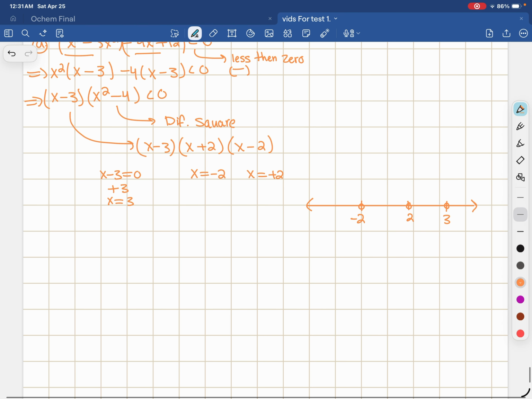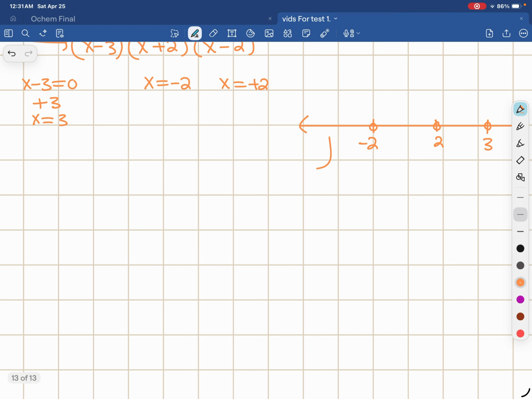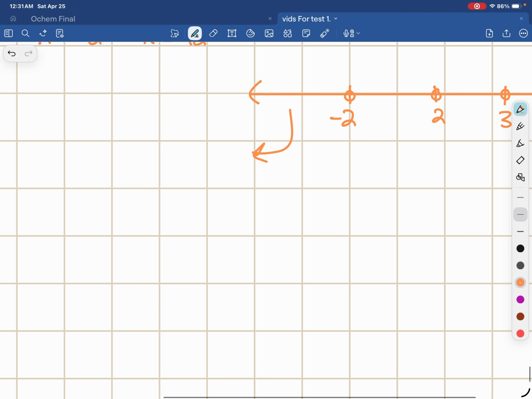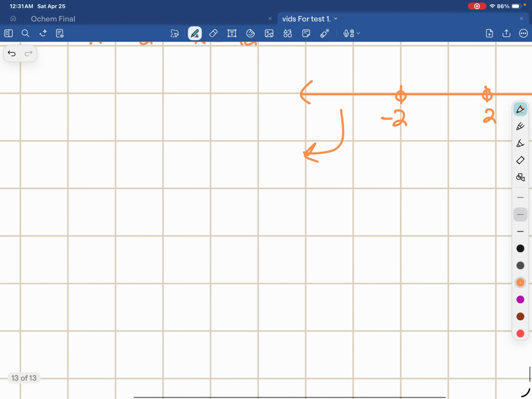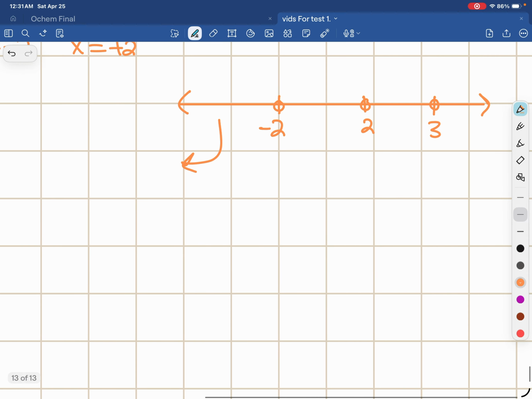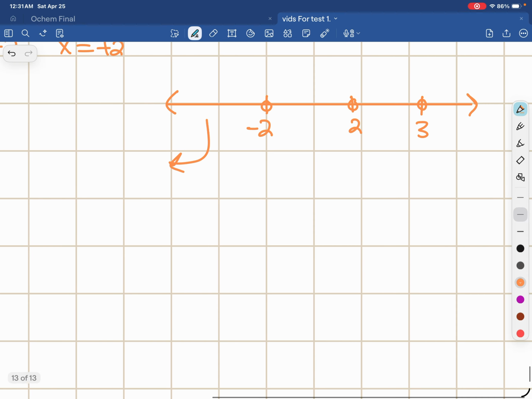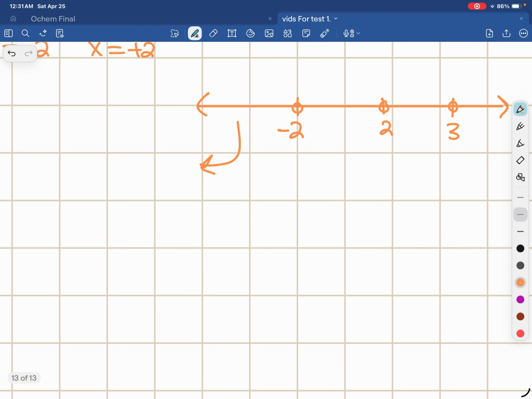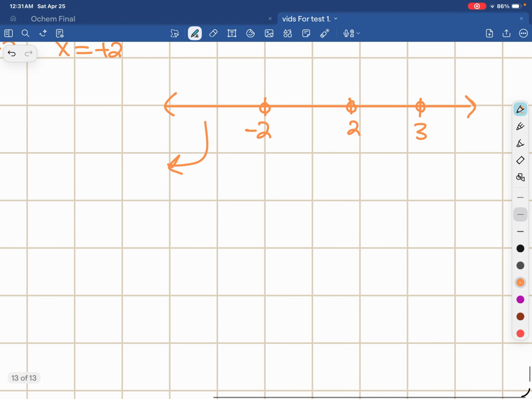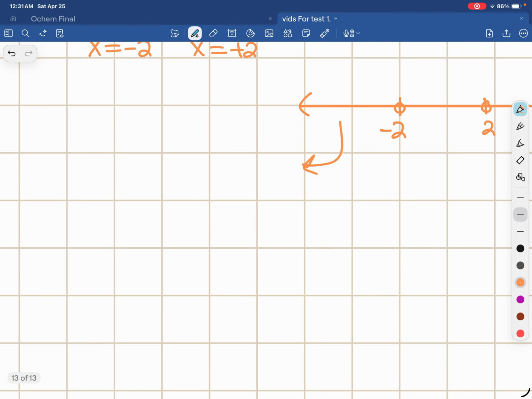So let's start with negative 2. We always want to pick a number right under it to make it a little easier. So in this situation, we're going to the left, so we're increasing numbers to the left. Where if we were going all positive values, we'd be decreasing our value, which you'll see later on in the same problem. So we'll take negative 3 in this situation and plug it into our entire equation.